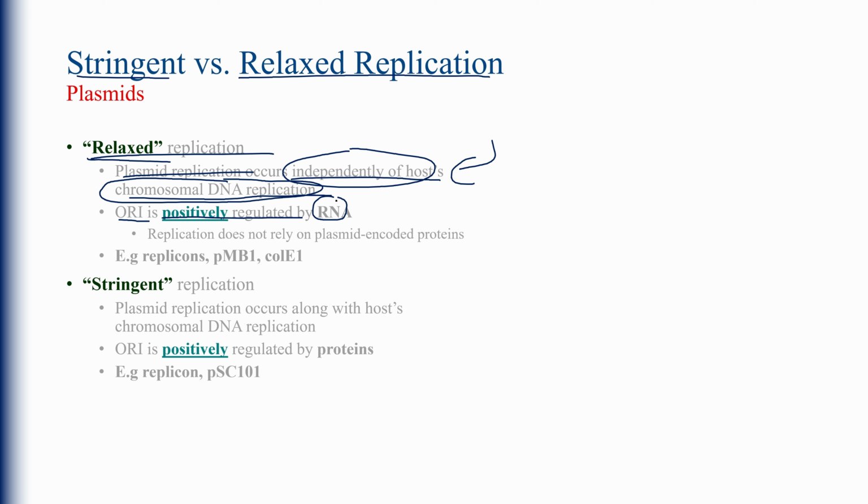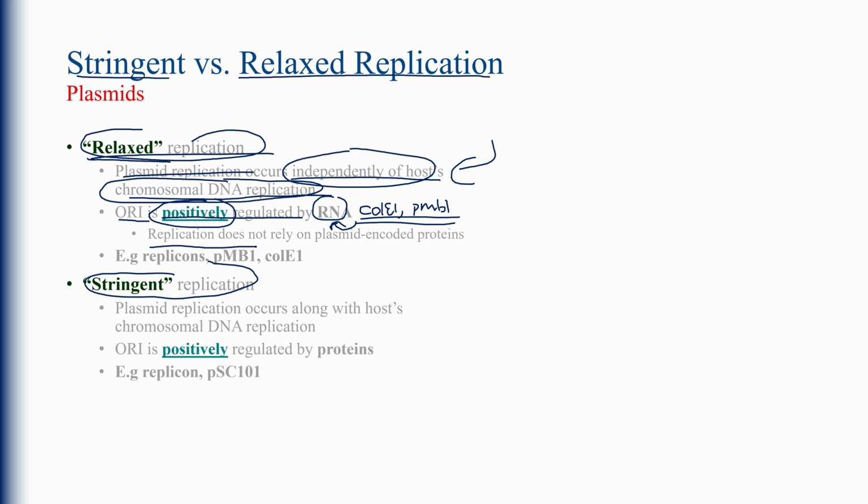So the pSC101 plasmid would not be an example of this, but the pMB1 and the ColE1 would be. Remember, I introduced the ColE1 and the pMB1 replicons in the previous slide, and these are fundamental replicons that are regulated by RNA positive regulatory molecules as well as RNA negative regulatory molecules. But when we talk about relaxed versus stringent replication, we are concerned with only the positive regulatory molecules.